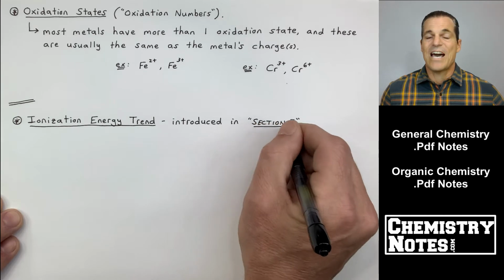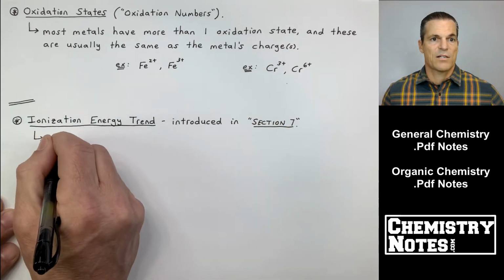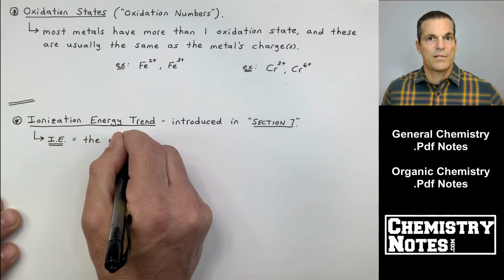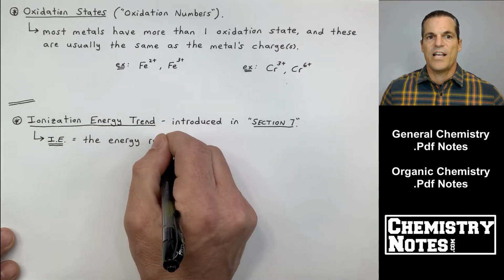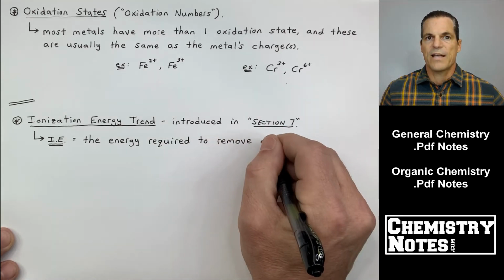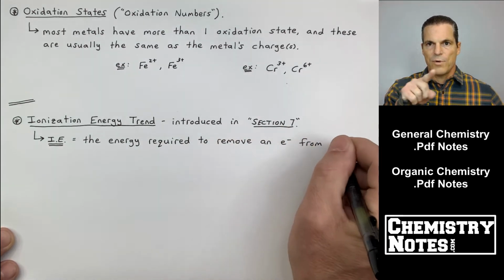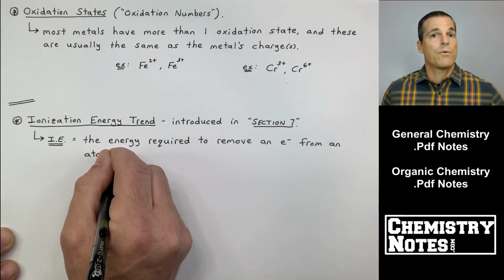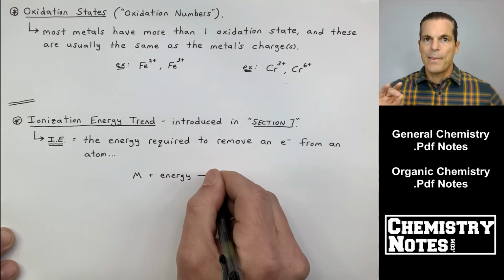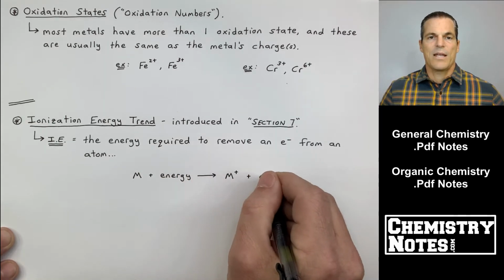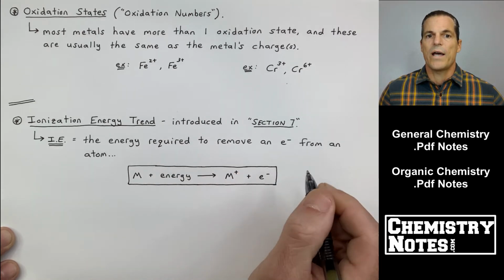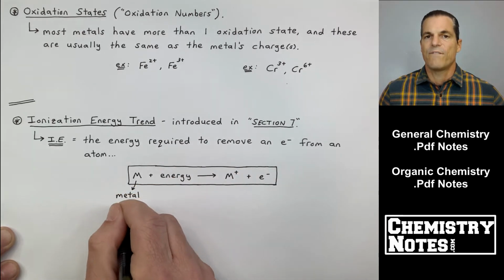The next one is ionization energy, and then I want to talk about atomic radius or atomic size. Those are the last 2 I want to talk about. So ionization energy trends. Okay, well, if you remember back in section 7, I kind of drew a rectangle, and if that were the periodic table, then ionization energy would increase from bottom left to top right. Okay. So the ionization energy is the energy required to remove an electron from an atom.